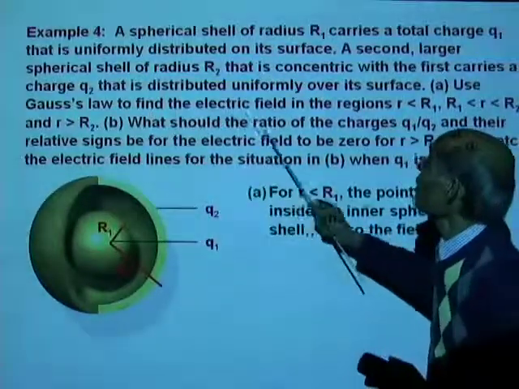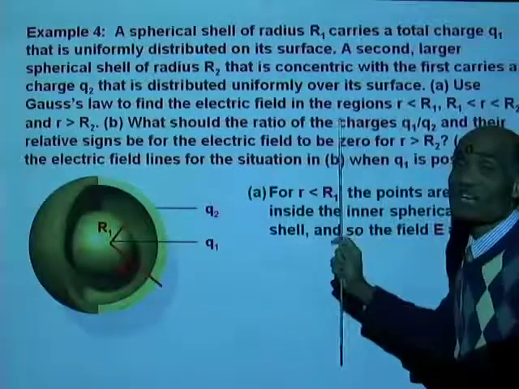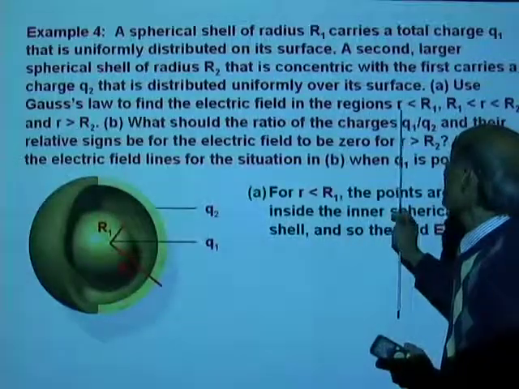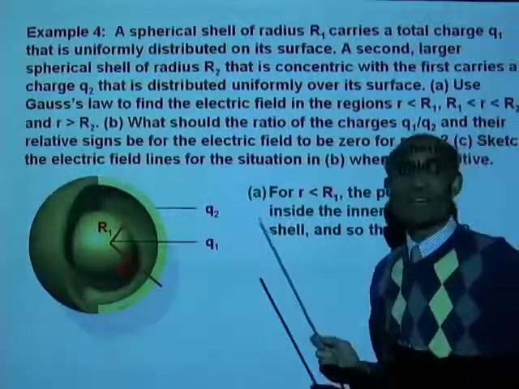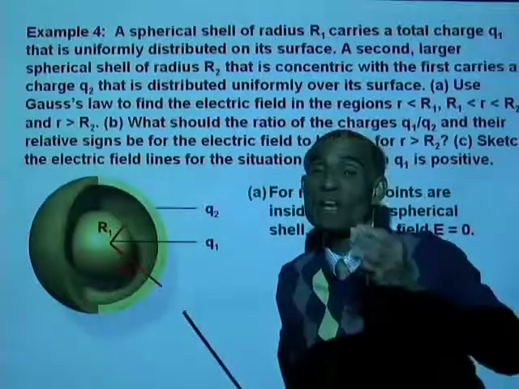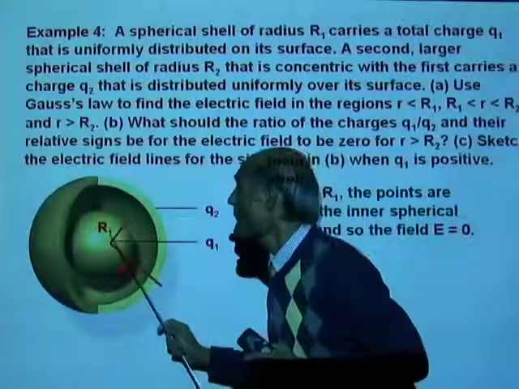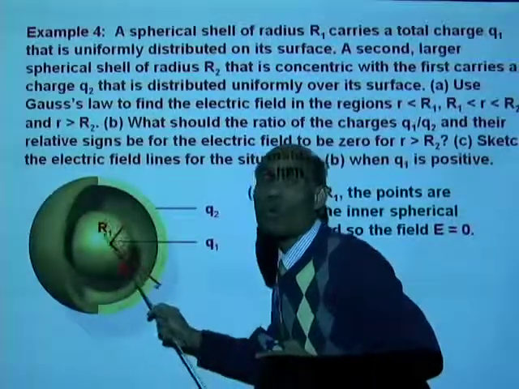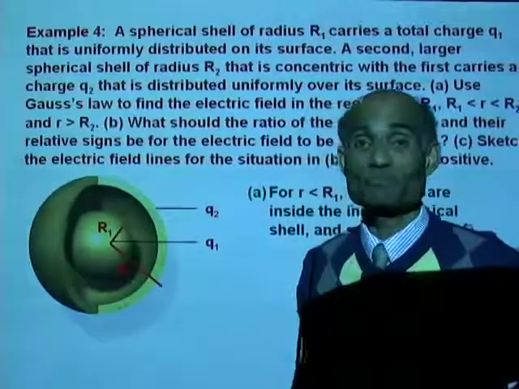Use Gauss's law to find the electric field at a point such that r is less than R1. You see, the small r is the distance of the point you want to find the electric field from the center. If r is less than R1, it means it is a point inside the inner shell.